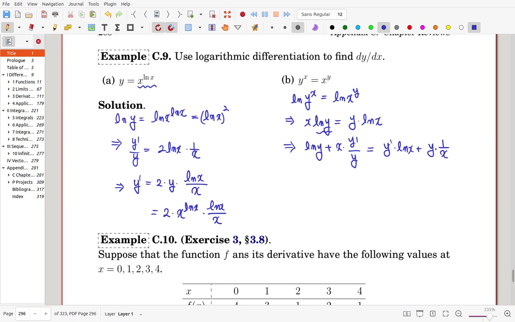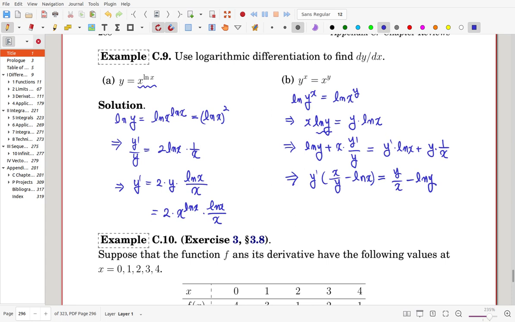Okay, we move the y prime terms to the left hand side, and the other terms go to the right side, because we have to solve for y prime. From here, we have y prime. Originally we have x over y, and that is moved from the right side, so it's minus natural logarithm of x. Originally we have y over x on the right side, and natural logarithm of y will be moved to the right side.